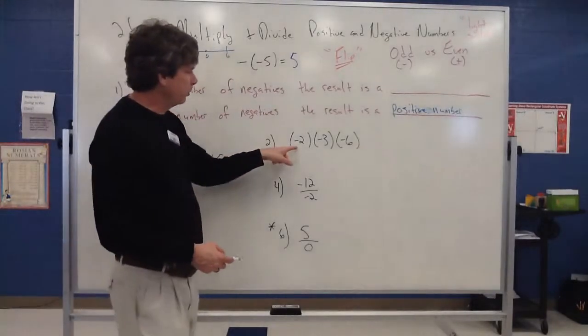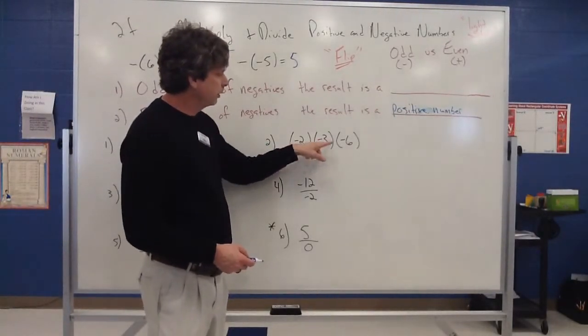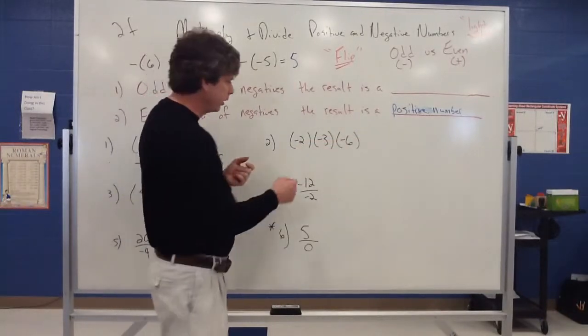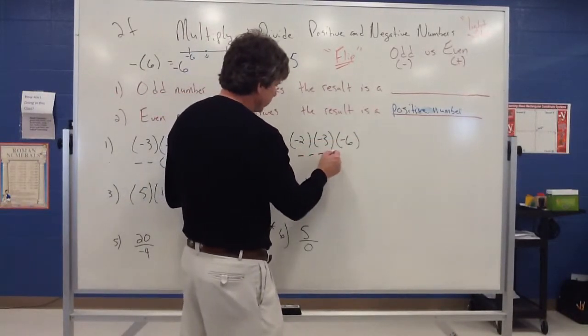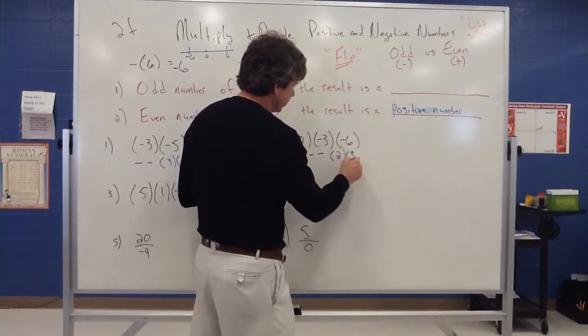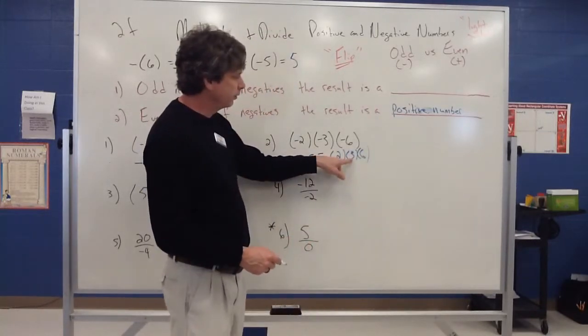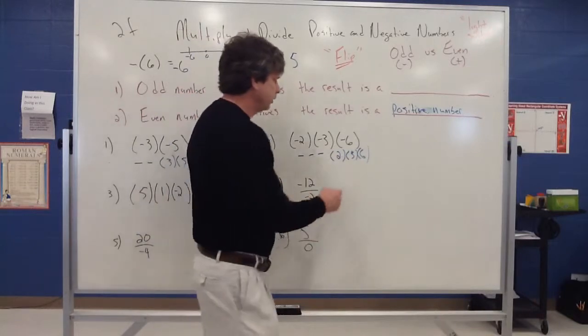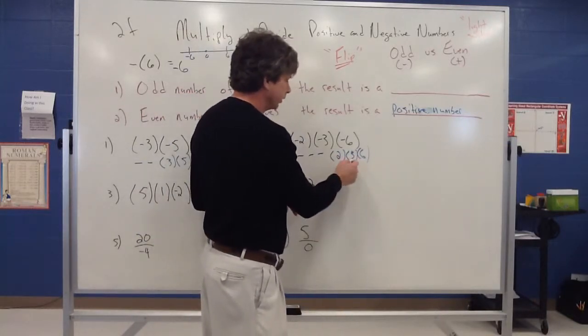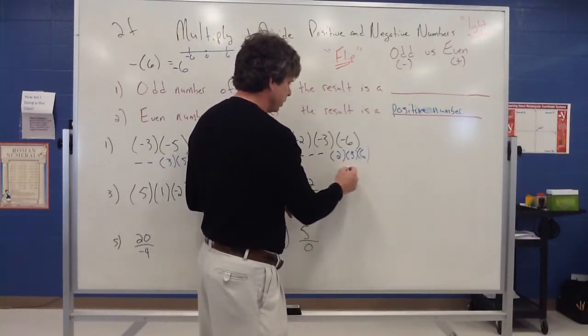So look at this next example. Notice how I have negative 2 times negative 3 times negative 6. Another way to look at it is to pull out the negatives. There's 3 negatives, and just focus on 2 times 3 times 6. Well, I know 2 times 3 is 6, and 6 times 6 is 36.